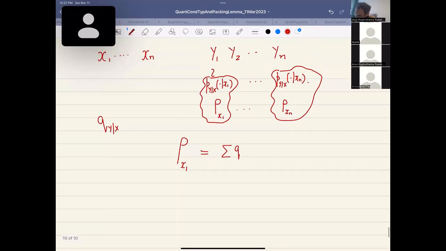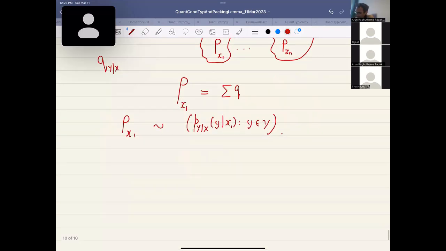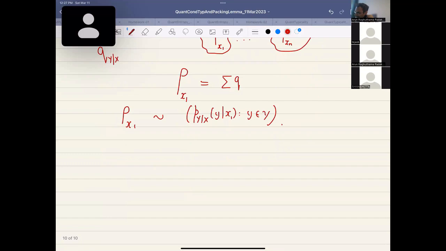So rho x1 is analogous to this distribution P of y given x1, y belonging to script Y. Kind of analogous. Yeah, correct. The only thing here is, when I take rho xj, this is analogous to P of y given xj, y belonging to Y, right?